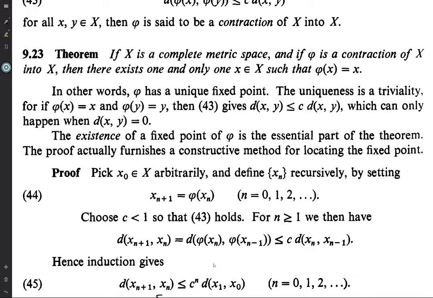For this inequality, you get another factor of c. So basically what Rudin is telling you here is that you can use an induction proof to prove this, and then it's up to you: you can eyeball it and see that it sort of makes sense, or you can actually do the proof yourself.